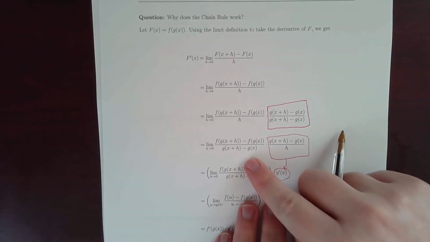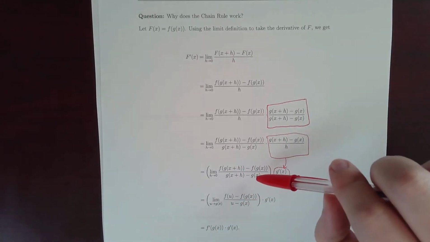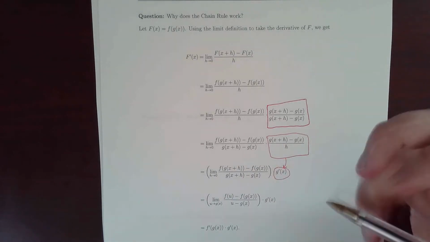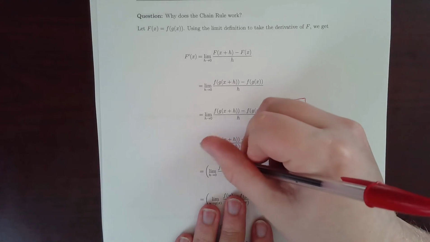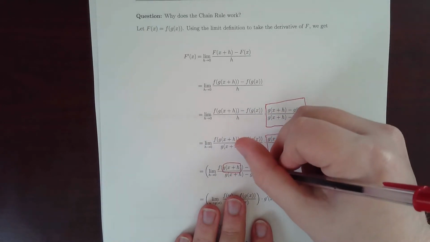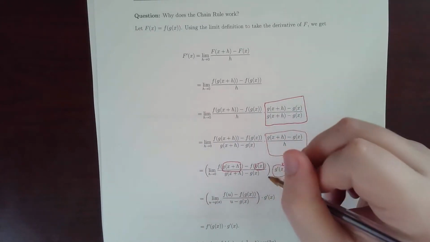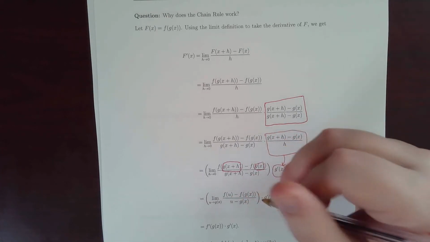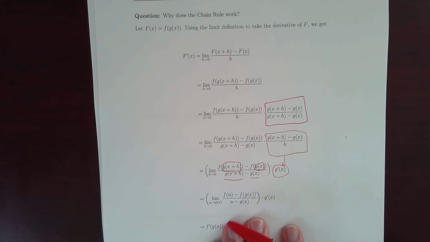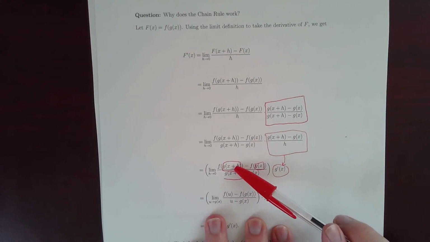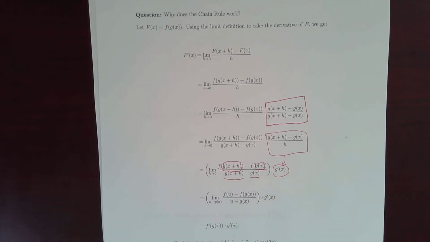Meanwhile, by putting the other part over here, you actually end up getting something where, since you have this and this matching up so nicely with this and this, you can replace g of x plus h with u.